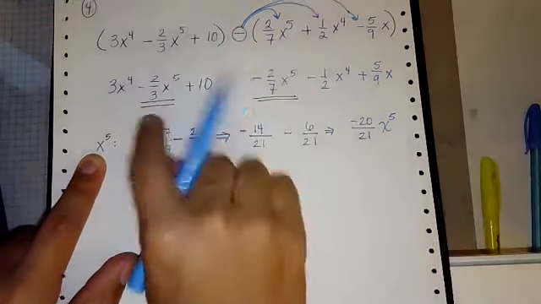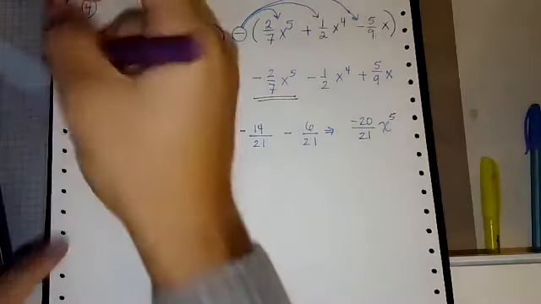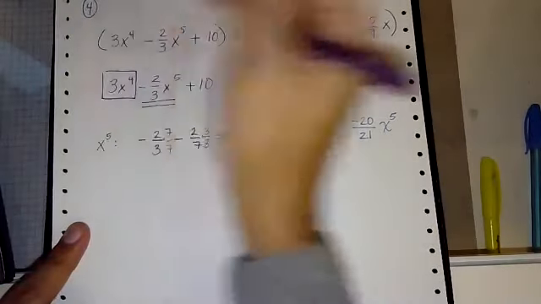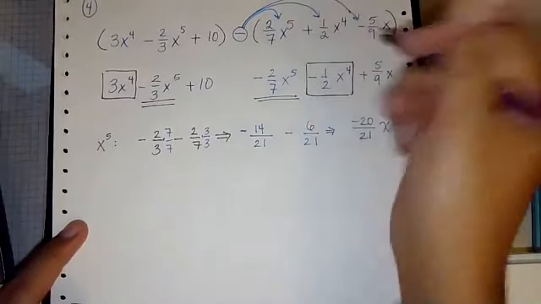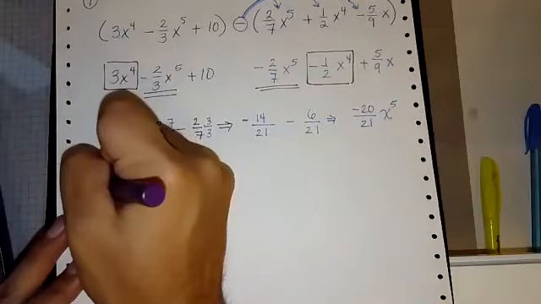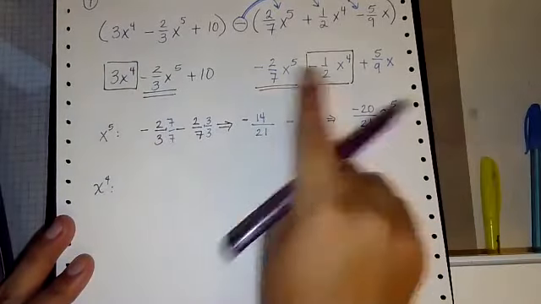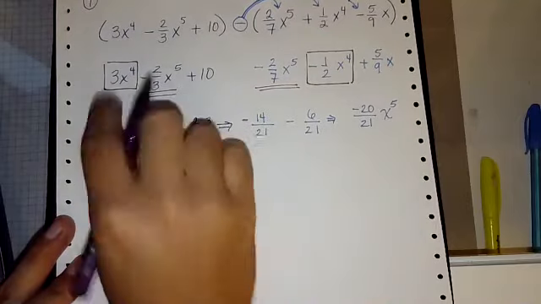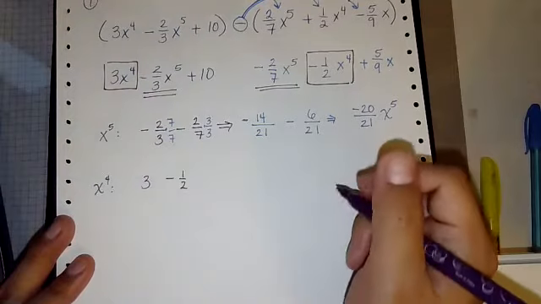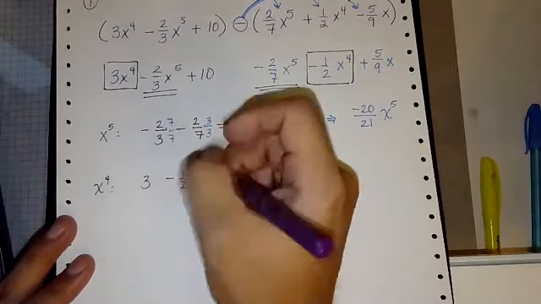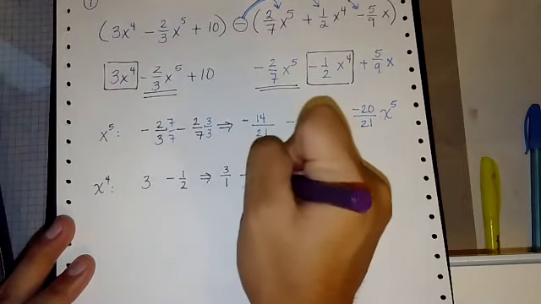Well, that takes care of my x to the 5th powers. Now I need to move on to the x to the 4th powers. So I'll go ahead and box these in just so I don't mix them up. I'm going to be thinking about x to the 4th power, but I'm just going to be working with the numbers in front. This is going to be 3 minus 1/2. But really, we want to write this as 3 over 1 minus 1/2.